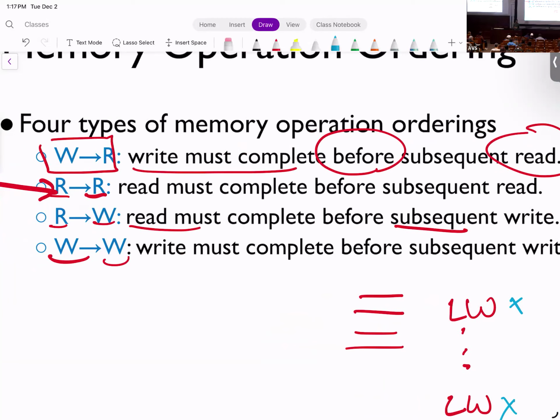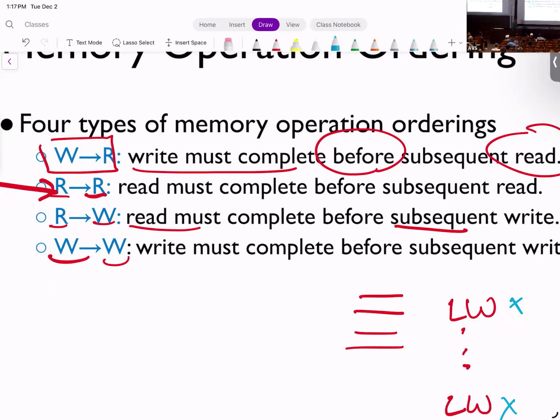They are mutually exclusive, but the hardware can enforce one or the other or all of them. Did I answer your question? Okay. So they can be independent. That is, I can enforce the fourth one, but I don't necessarily need to enforce the third one.